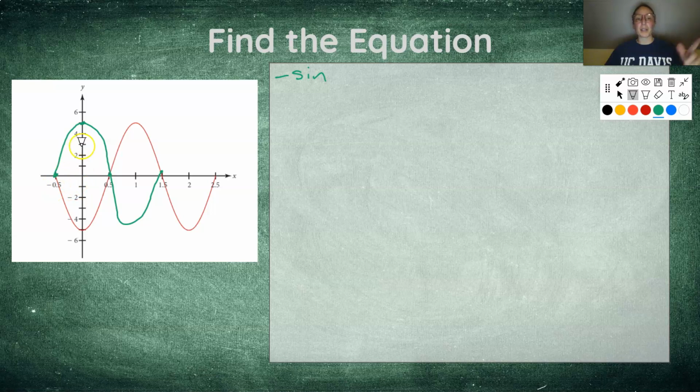Then you have to figure out whose pattern you match. In this case, this matches the sine pattern and the sine shape. It's just a reflection. It's the sine graph, but the opposite, which means we're going to be using negative sine. So we know we're ultimately going to end up with negative sine.